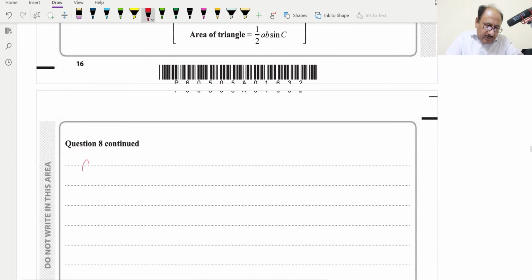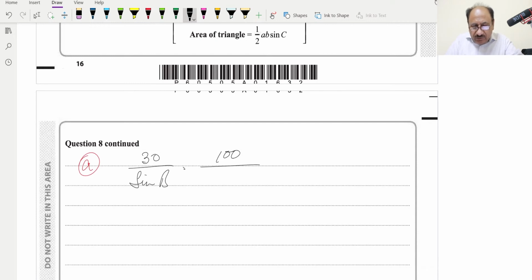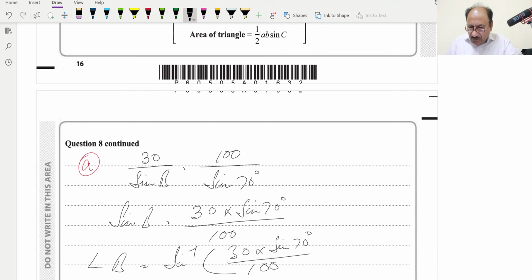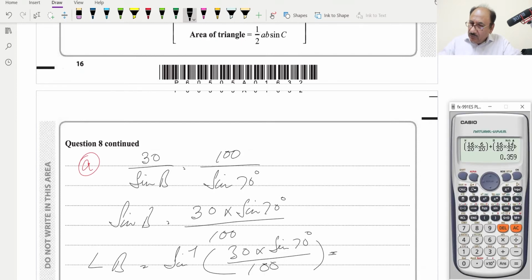For A part, 30 over sine of B will be equal to 100 over sine of 70 degrees, and sine B will be equal to 30 into sine of 70 degrees divided by 100, and angle B will be equal to sine inverse of 30 into sine of 70 degrees divided by 100.